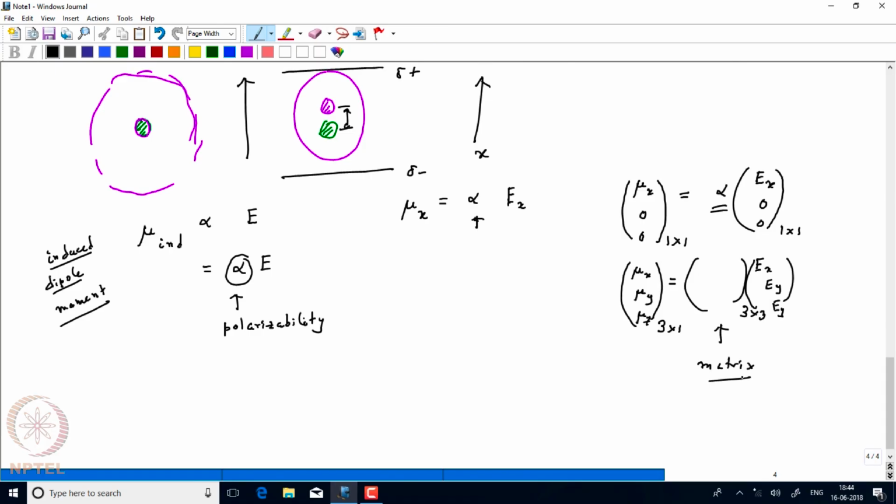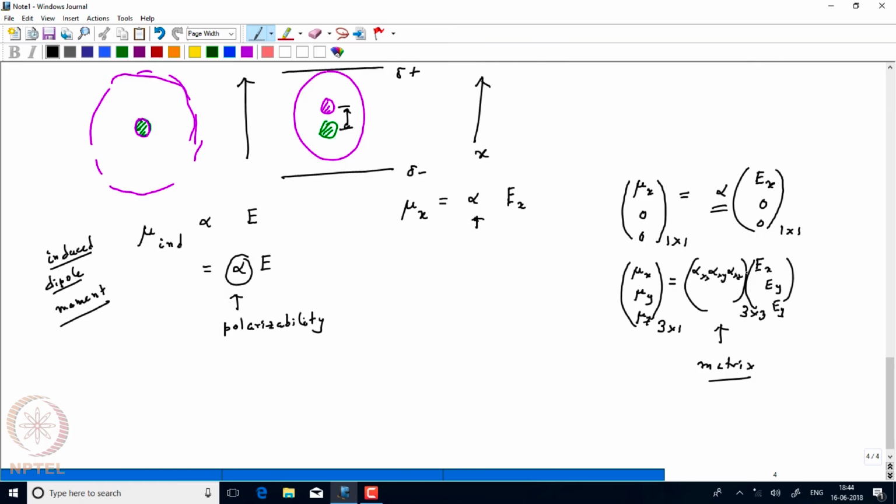We will just consider alpha here as a number, in the sense of a scalar, assuming that if we apply the electric field along x, we will always have a dipole moment created along x. So, you can think that from matrix multiplication I will have terms like alpha xx, alpha xy, alpha xz.